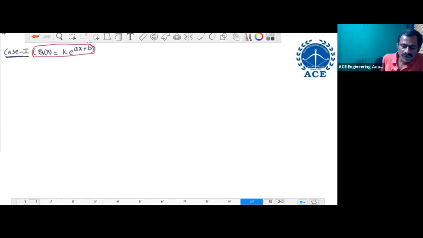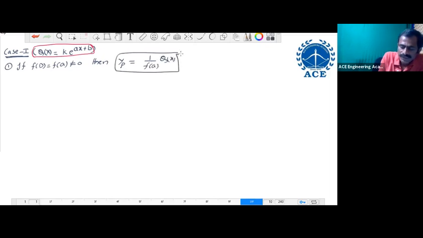Only for this exponential function, we write the method. The first one: if f of D equals f of a, not equal to 0, then yp, the particular integral, equals 1 by f of a of q of x. That's all. This is the formula.